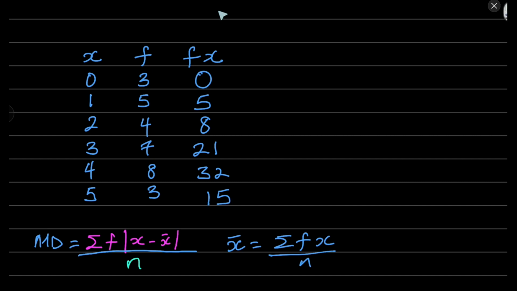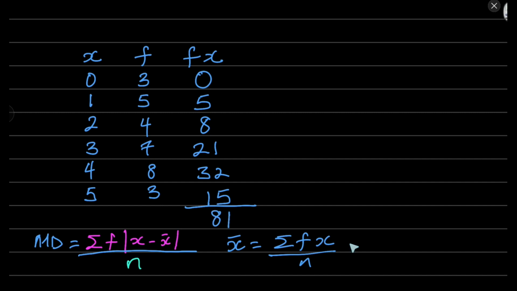Then after getting your f times x, you sum them up. You can always get your calculator to get your 0 plus 5 plus 8 plus 21 plus 32 plus 15. That would give you 81.